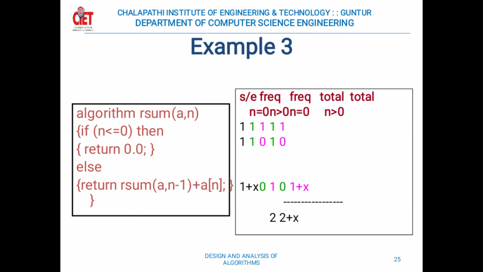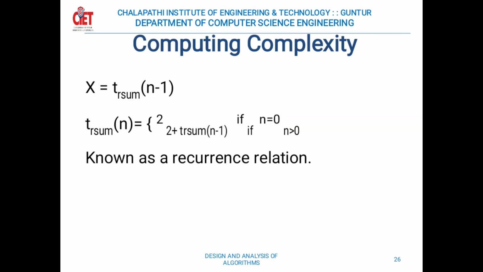That means the time required to perform summation of n minus 1 elements in the array. So it is equal to 2 plus x. So the time complexity of the algorithm is equal to 2 if n is equal to 0. Otherwise 2 plus the time complexity of n minus 1.